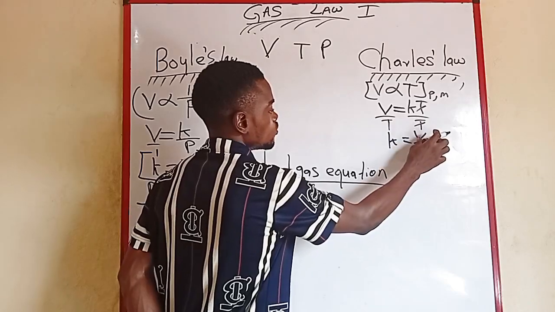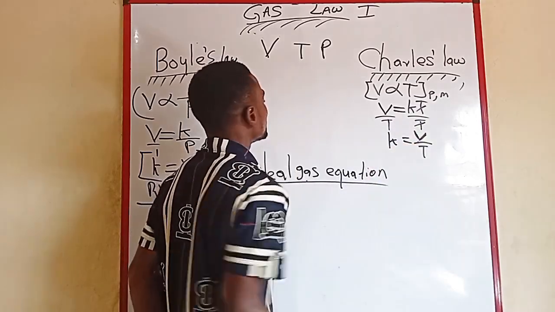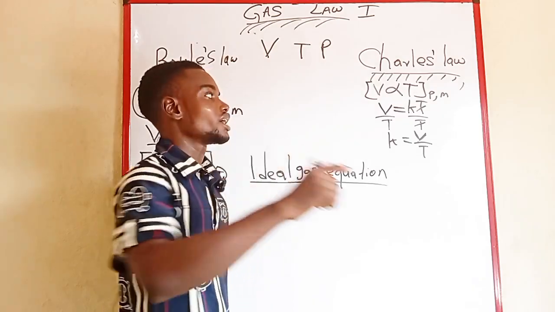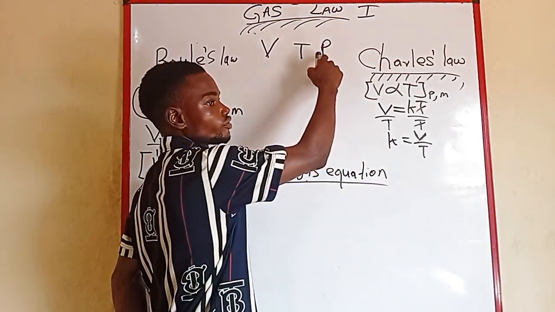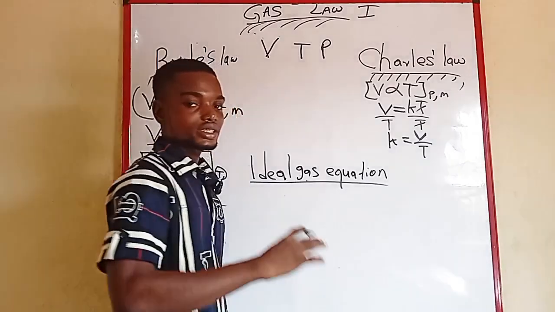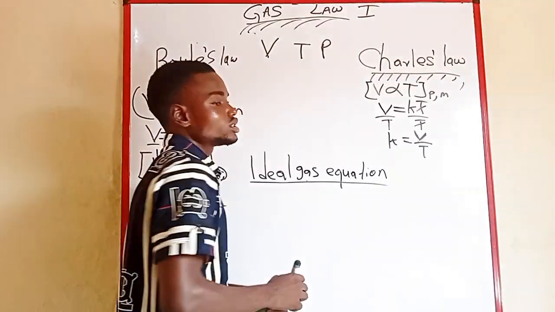The volume over temperature is going to be constant for every fixed mass of gas at a constant pressure. Alright, now what do we note here?